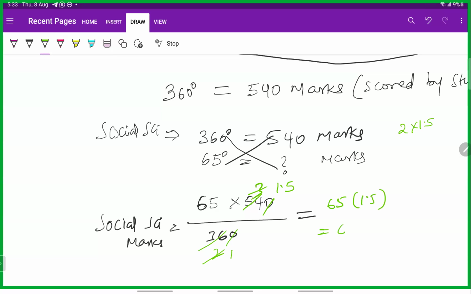So I will go in this way. 65 into 1 plus 0.5. So 65 plus 0.5 is nothing but 1 by 2.